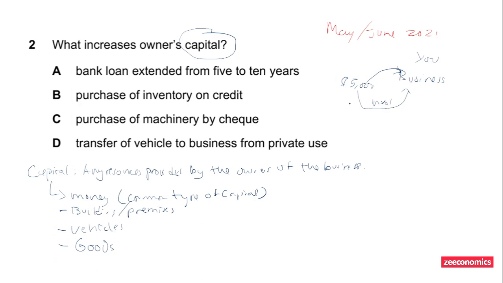All right. But you might be thinking, okay, what if I don't want to invest money into my business to start my own business? Instead, I just want to use my car as my capital. Okay, so let's just say you have a car and it's worth $5,000 as well. You want to use this car as your capital to start your own business.